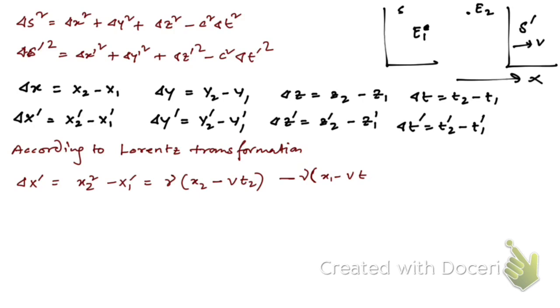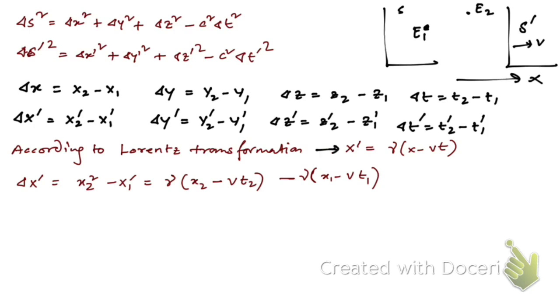That should be t1 in this case, because according to the Lorentz transformation, we know that x dash is equal to gamma into (x minus v into t). That's what we know.